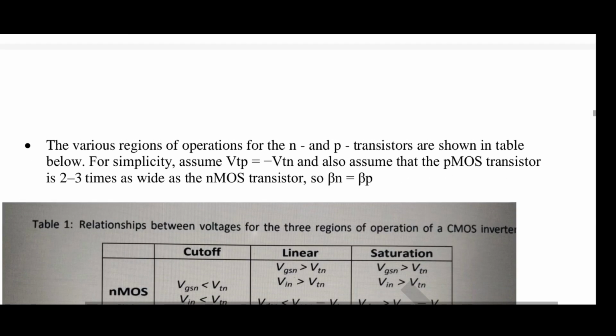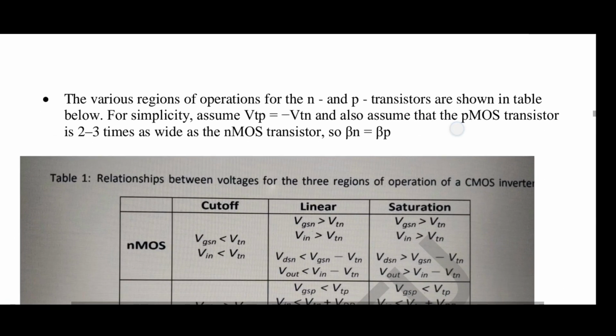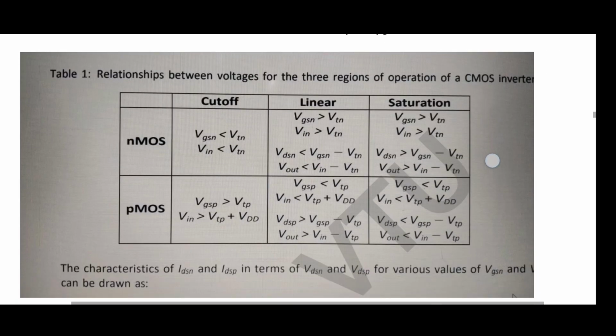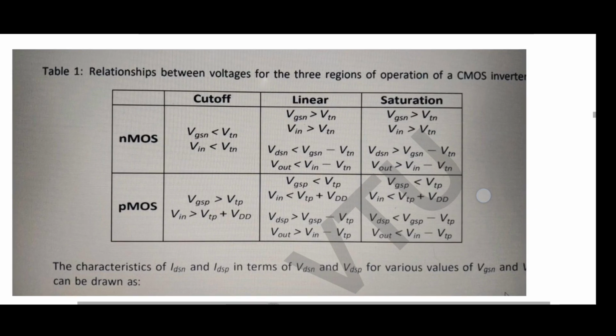Okay. Next, the various regions of operation for the N and P transistors are shown in the table. So you can see the different relationships between voltages for the 3 regions of operation of a CMOS inverter.